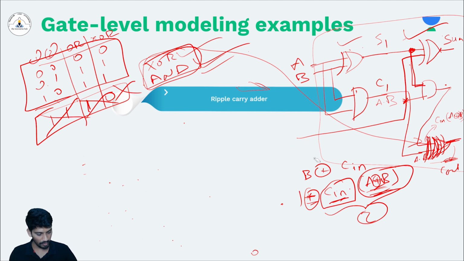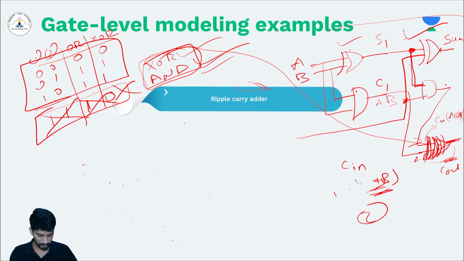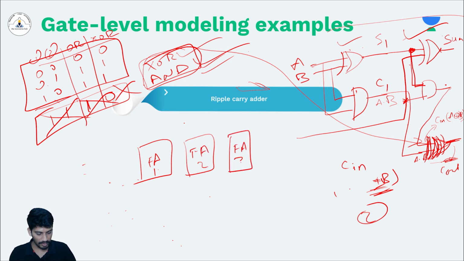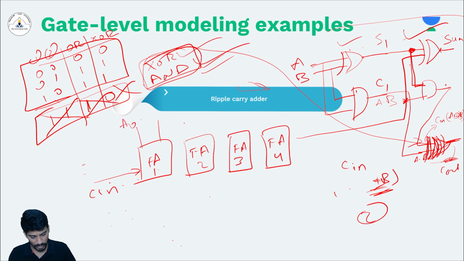So let's draw the 4 full adders: FA1, FA2, FA3, and FA4. The first one will have carry in and two inputs A0, B0, A1, B1, A2, B2, and A3, B3.